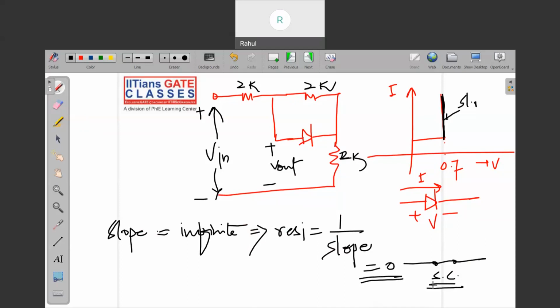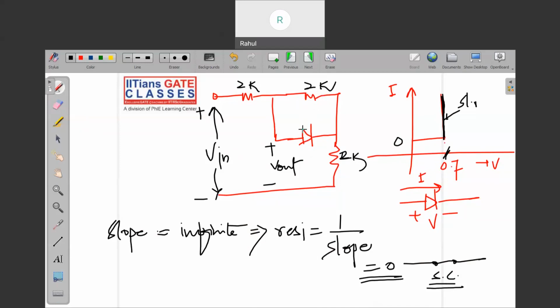When is the diode going to be on? When V in is greater than 0.7, then the diode will be on, and once the diode is on, it is short circuited, so this 2k will be gone.